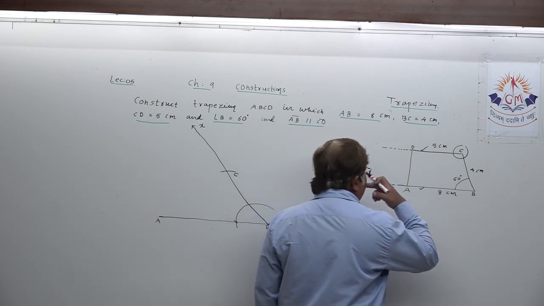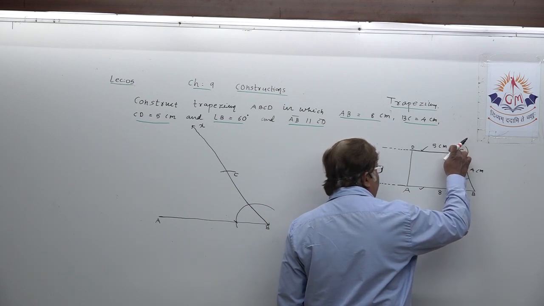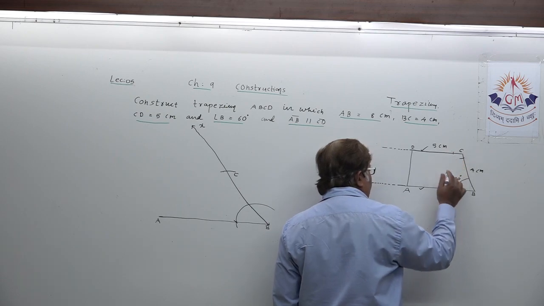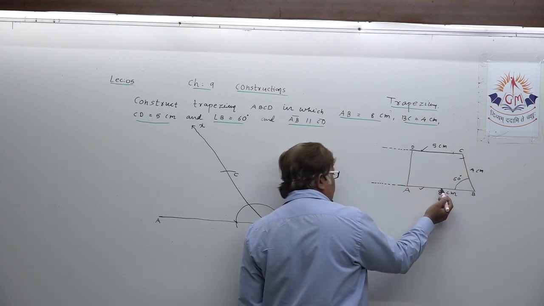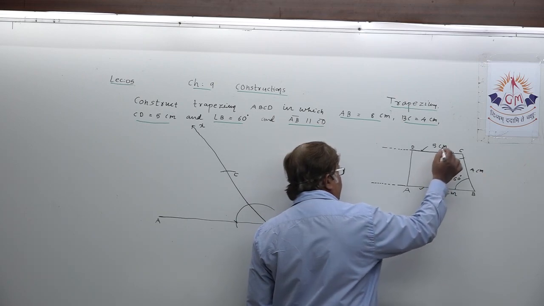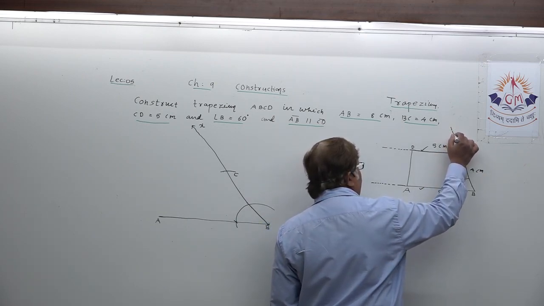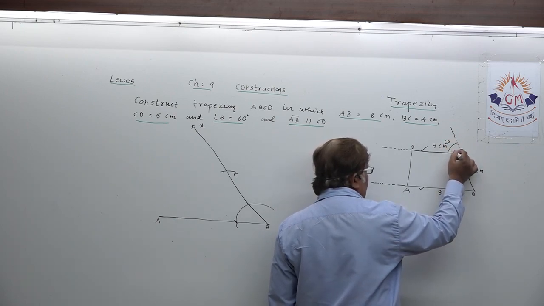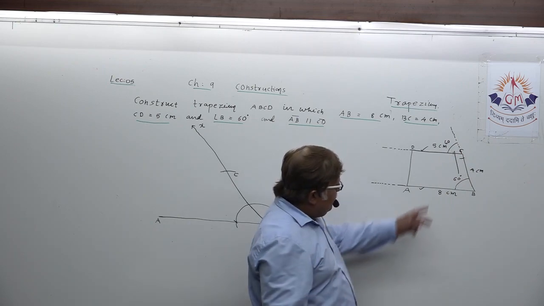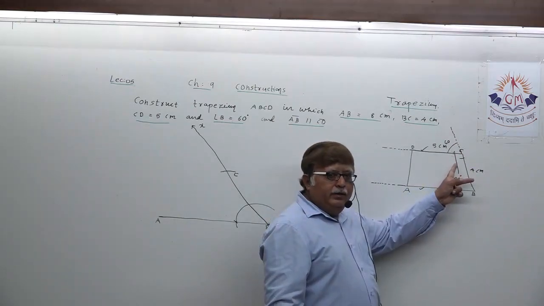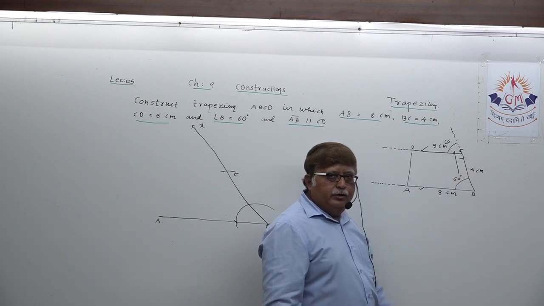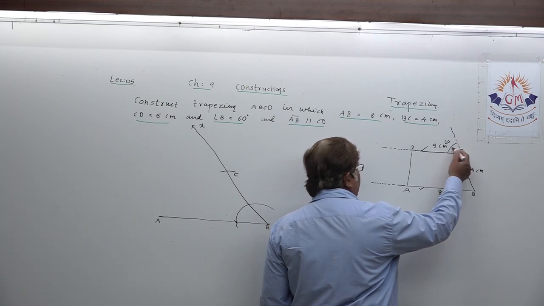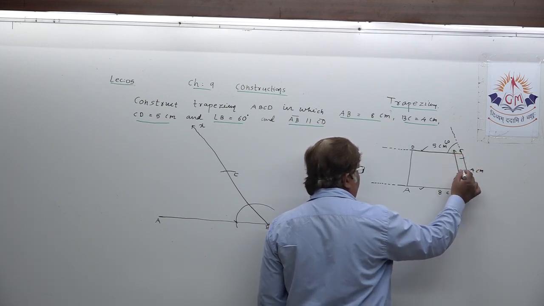And dear student, what I am showing in the rough sketch, please concentrate now. If I want AB and CD to be parallel, then I have to construct here an angle of 60 degree. If in primary you have studied a little bit about corresponding angle, then this will be more clear.